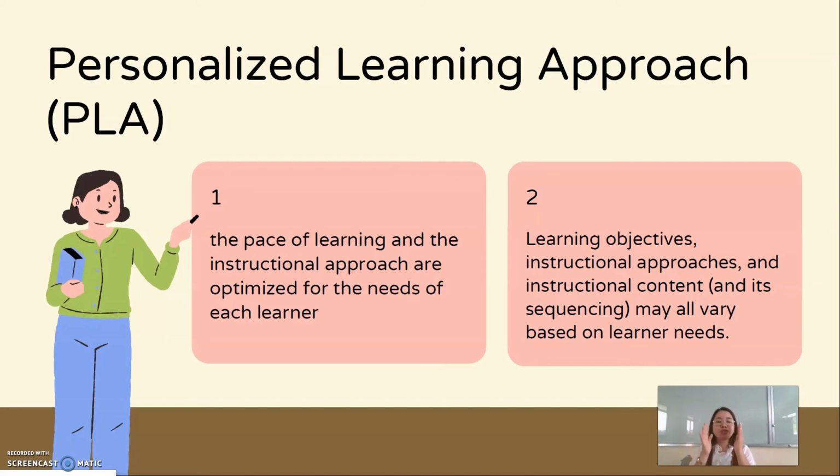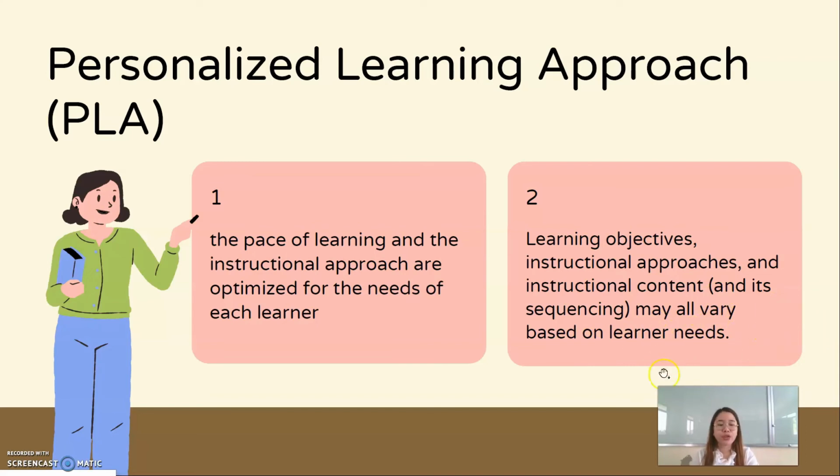Or after evaluating, we may come up with the realization that this time is just too quick for learning this lesson because this lesson is a broad one. So we have to allocate more time for learning this lesson. So the pace of learning of the students should be considered. And the learning objectives, instructional approaches, and instructional content may all vary based on learner needs.